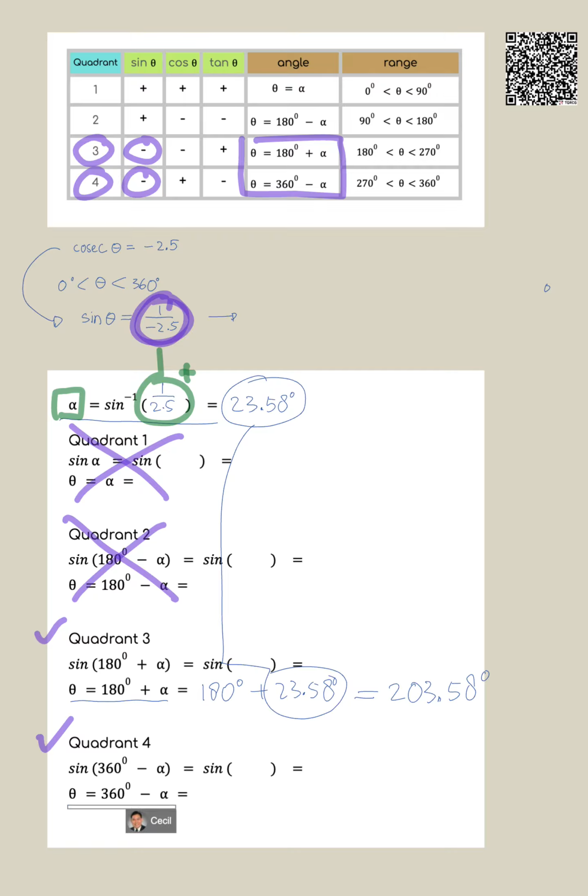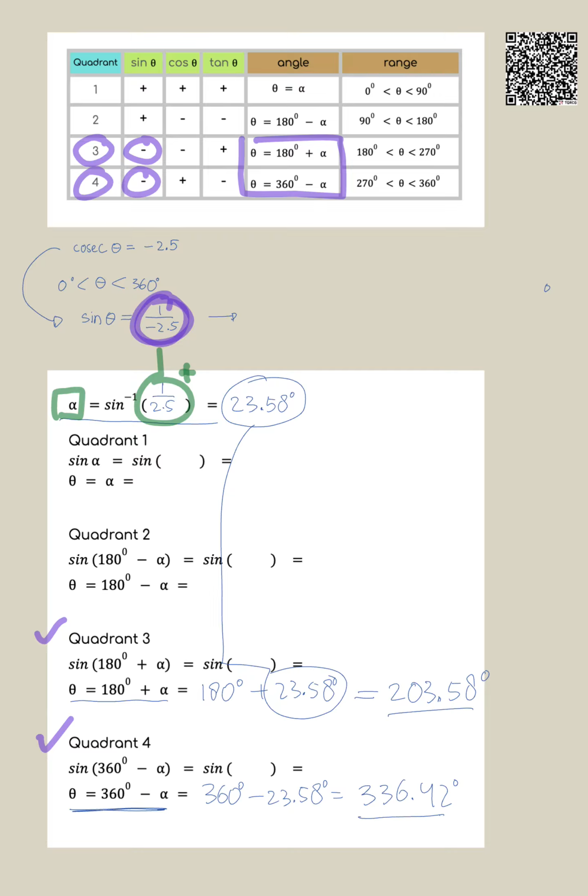For quadrant 4, the value of theta will be 360 minus alpha. Then we just put it here, 360 degrees minus 23.58. Then we just use the calculator, 360 minus 23.58, and you're going to get 336.42 degrees. So that's our two answers.